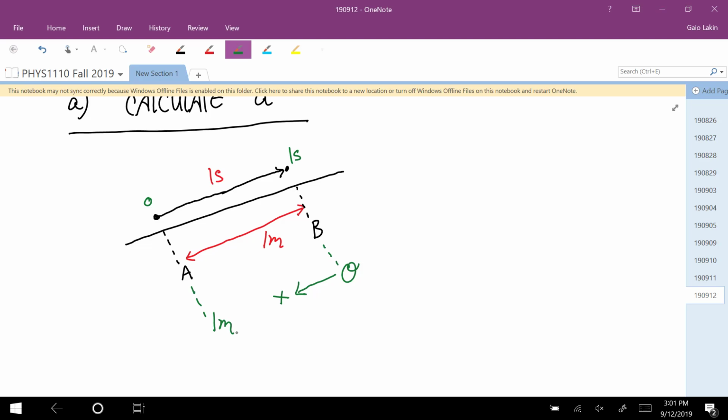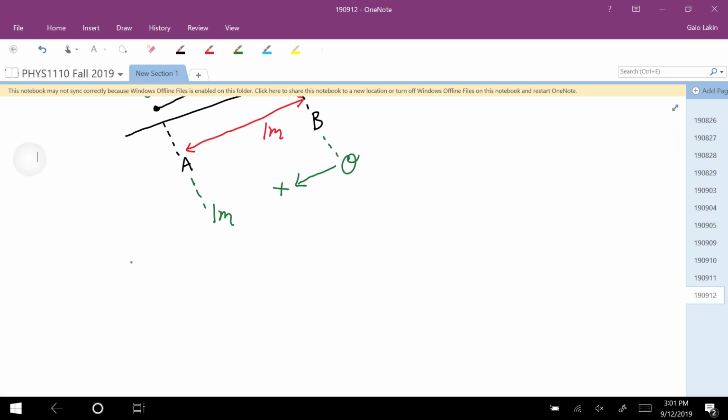Since our positive direction is down the ramp, what's the velocity of the ball at point A? Negative 2 meters per second because it's going up the ramp. Okay. So now let's list out the variables and we'll figure out what we know and what we want.